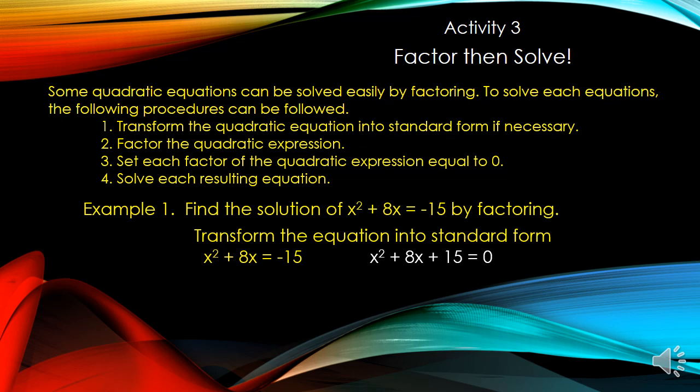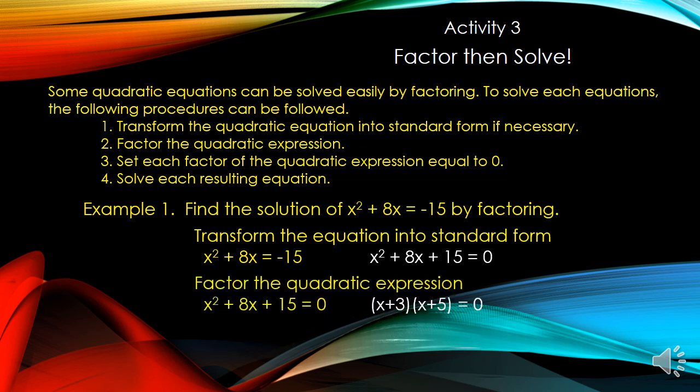In standard form, it becomes x squared plus 8x plus 15 equals 0. Step number 2, factor the quadratic expression. The quadratic expression x squared plus 8x plus 15 can be expressed in terms of its factors as x plus 3 times x plus 5.